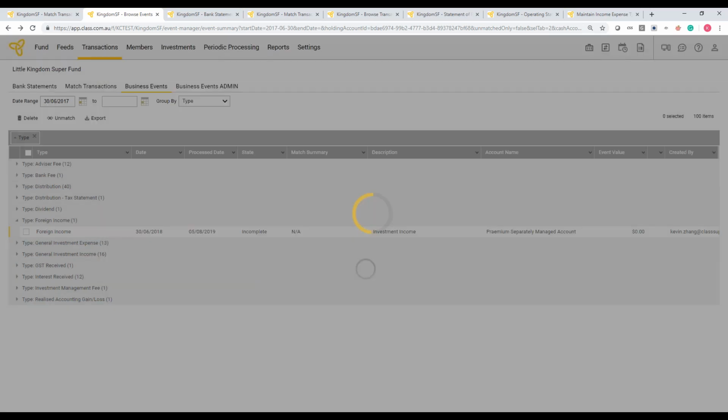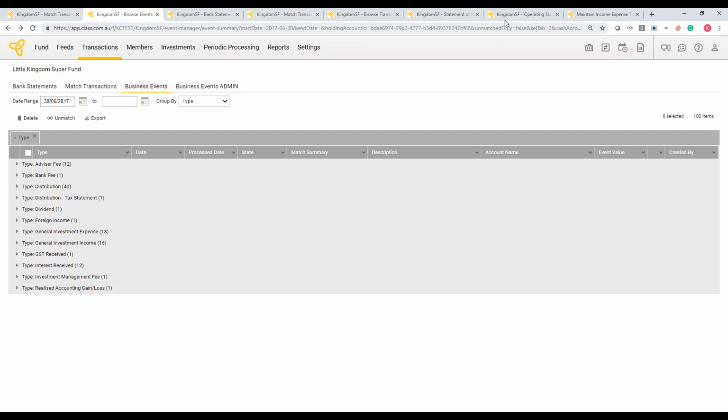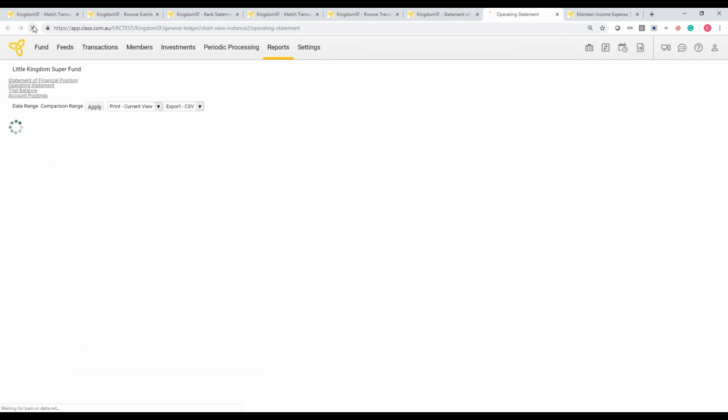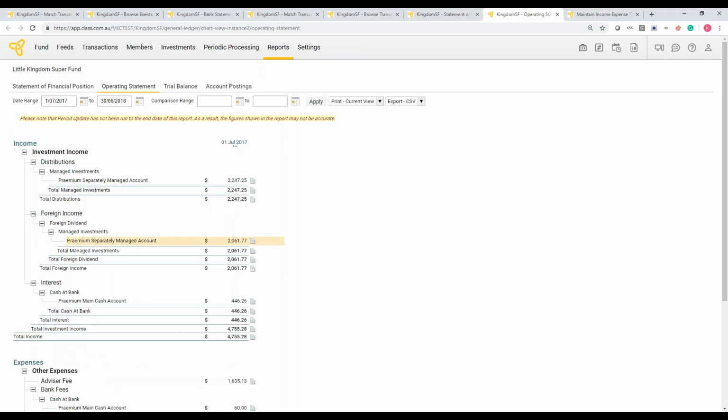Now, normally I always encourage people to have their operating statement and the statement of financial position running side by side. The reason is once you process something, you can always go back and check. For example, the foreign dividend, I can see it's 2061.77. It matches exactly.